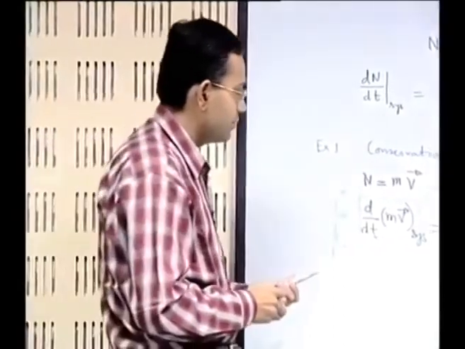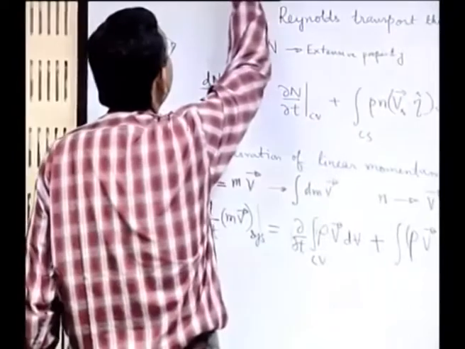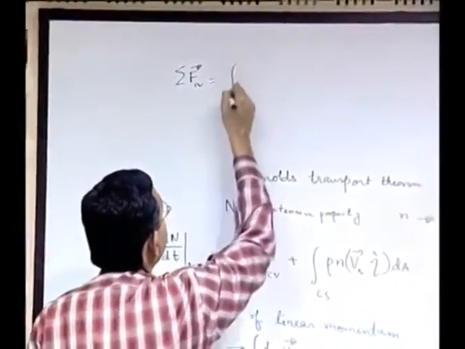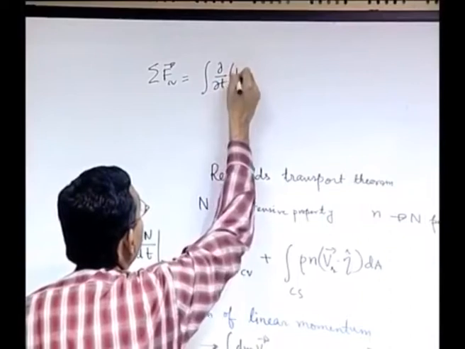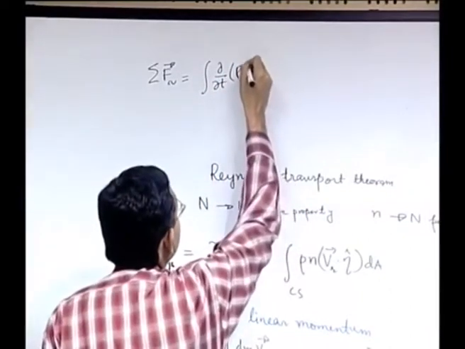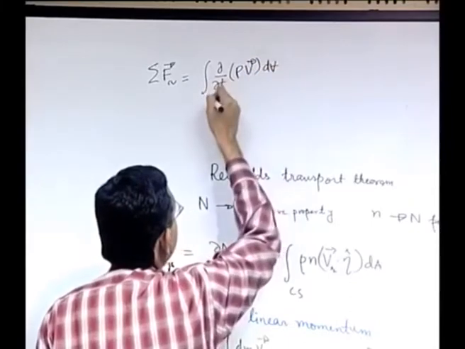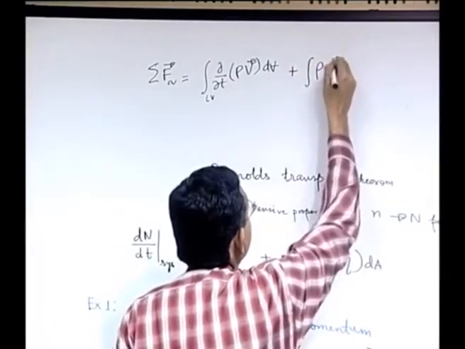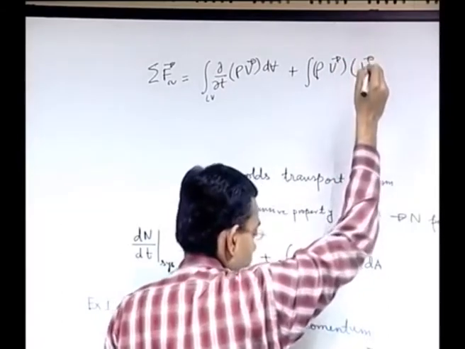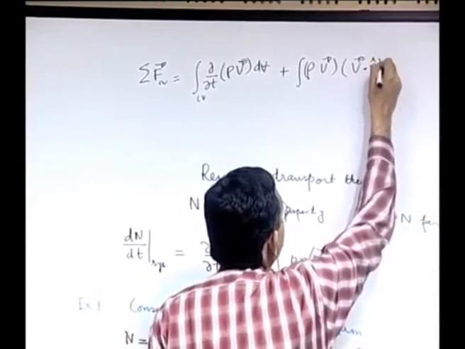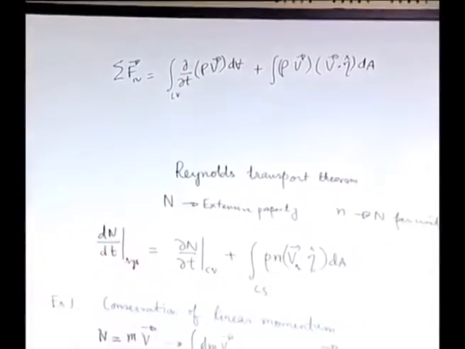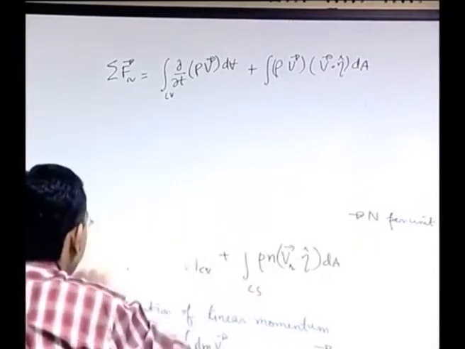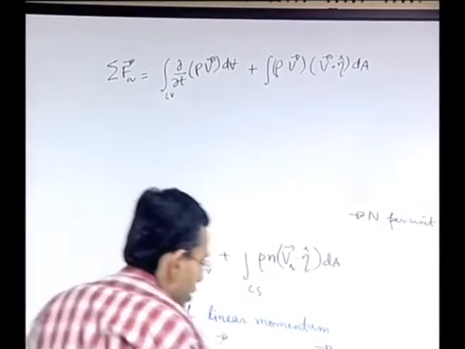So we can write that resultant force acting on the control volume is equal to, so this is the basic integral form of the equation of conservation of linear momentum.